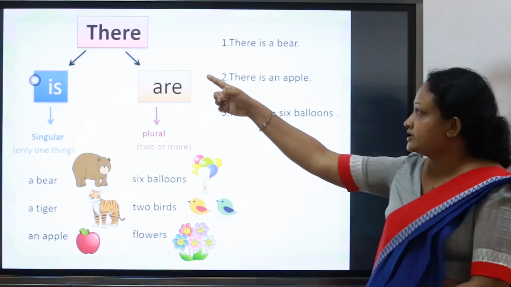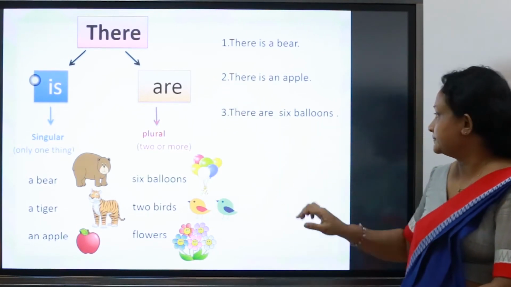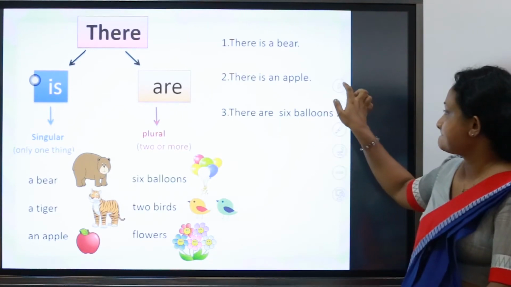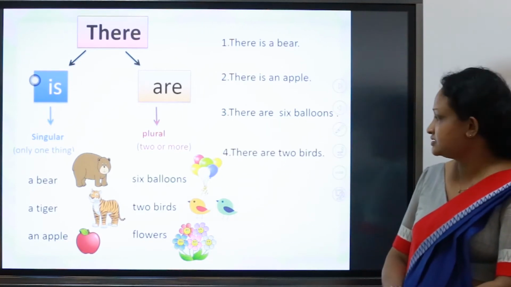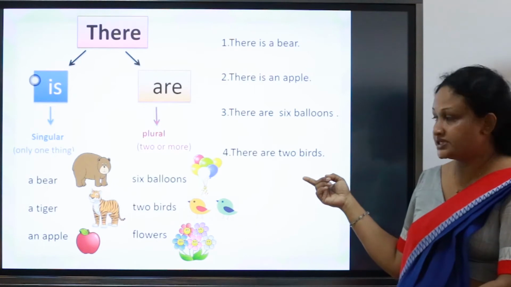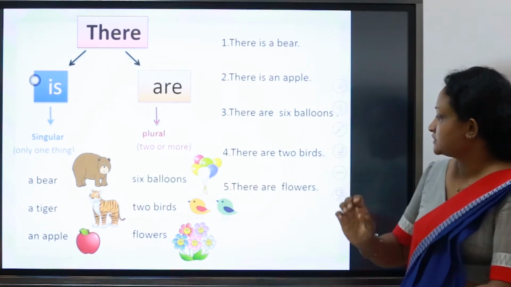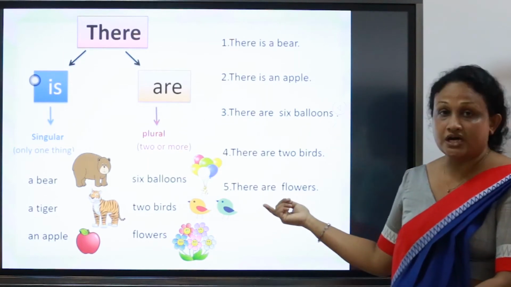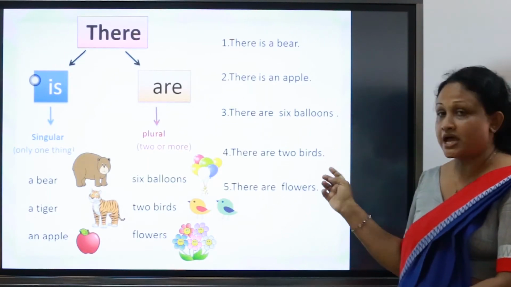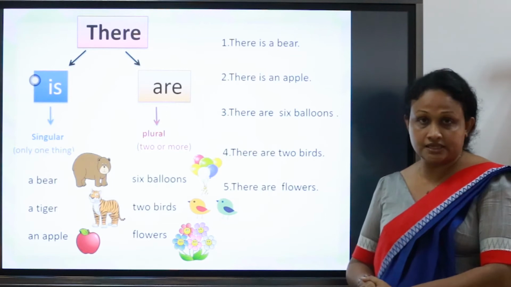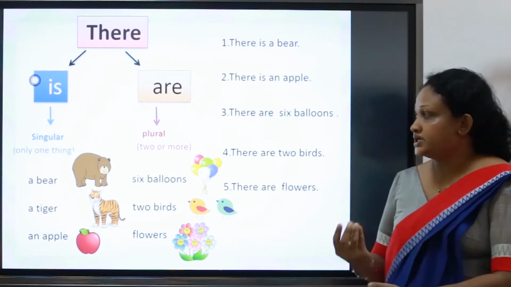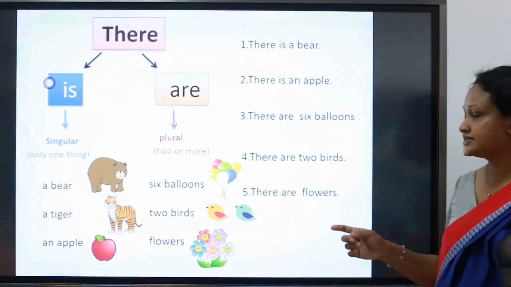It is using the structure there are. The fourth sentence, there are 2 birds. The last sentence is there are flowers. I have only mentioned 5 sentences here, but you can write many sentences. Let's go to the next clip.